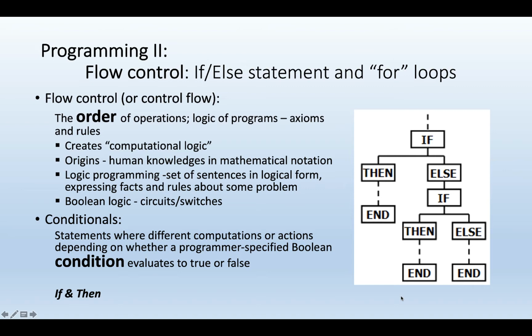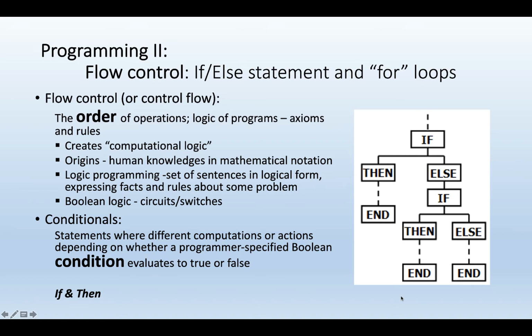Computational logic is made up of both logic programming, so sets of sentences in logical form that express facts and rules about some sort of problem, but also Boolean logic, right? This is an idea where we might have a bunch of circuits and switches that are turned on and off based upon some sort of conditional framework.